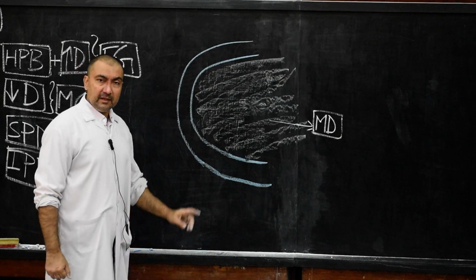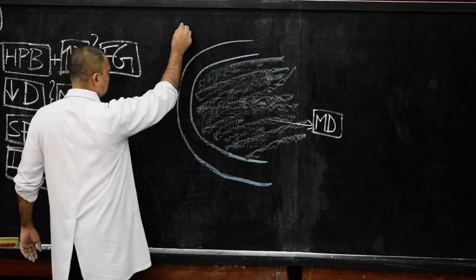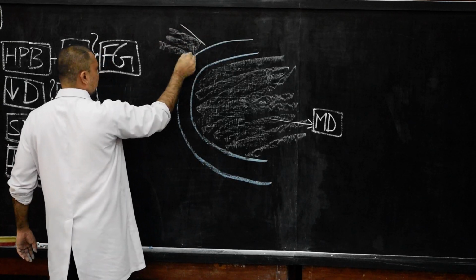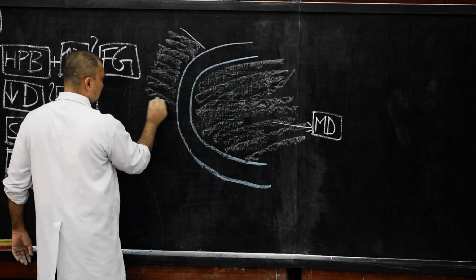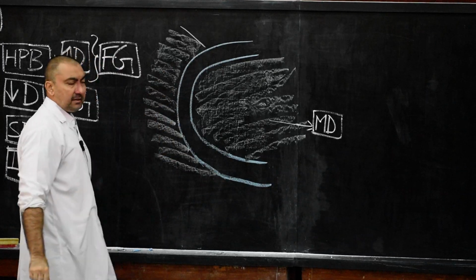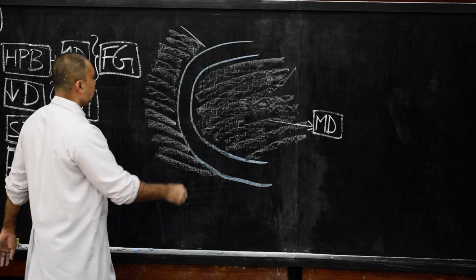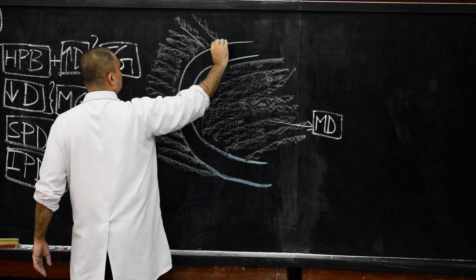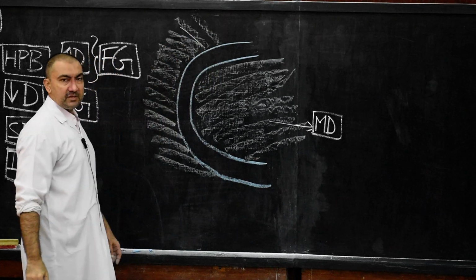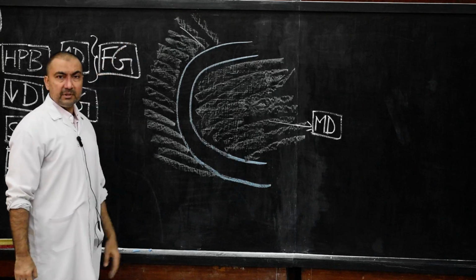Ventrally, the anterior border of duodenum will also be attached by the ventral mesentery, and this ventral mesentery will be known as ventral mesogastrium, which will attach the ventral border of duodenum to the septum transversum.